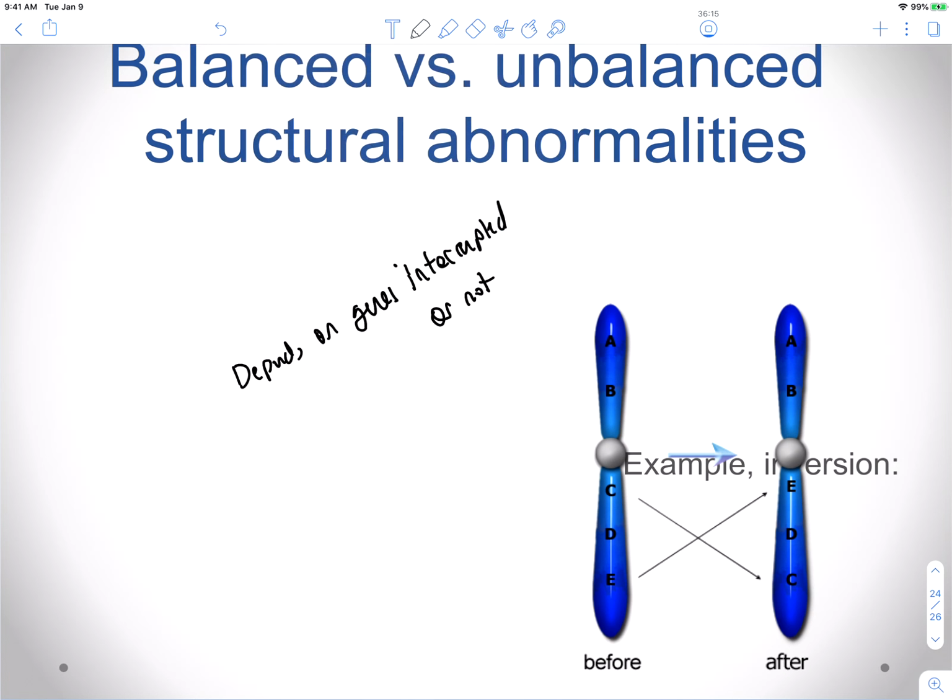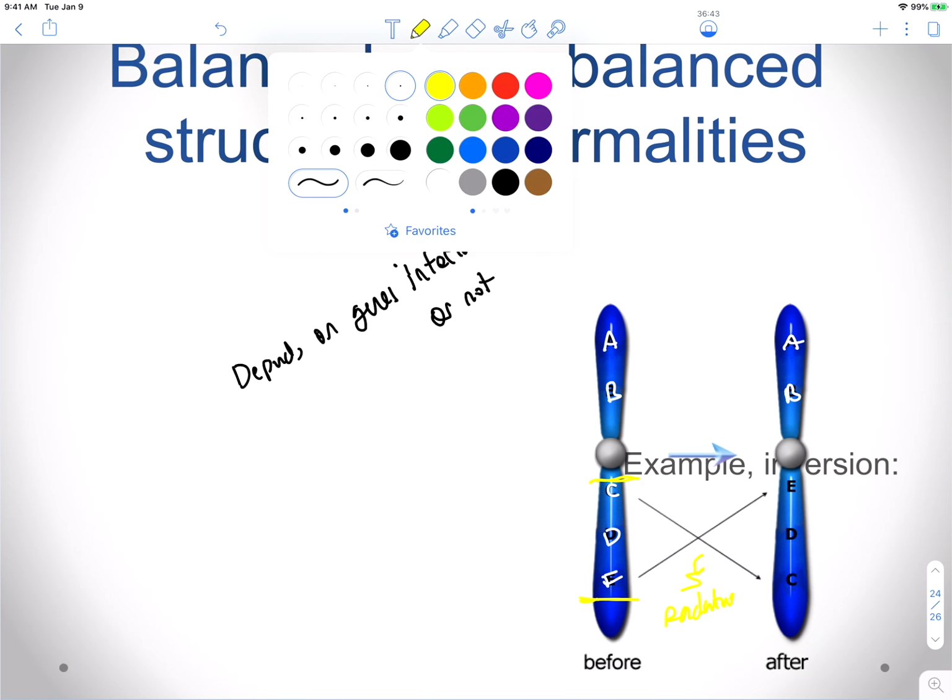It's hard to see, but in this one we have A, B, C, D, E, and then we had some event, we'll say radiation, and so it broke the chromosome here, and what happens afterwards is your fragment flips 180 degrees and then religates, so it religated opposite.